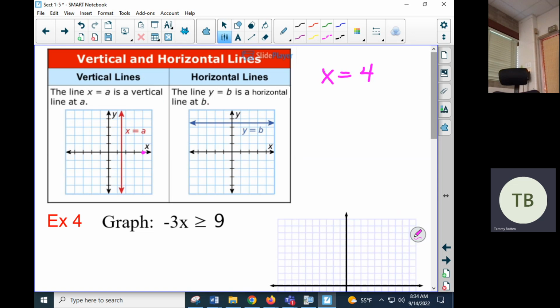Now, depending on that sign in between, like let's say it was greater than or equal to, because it's equal to, then you would have the solid line. But x equals is a vertical line.